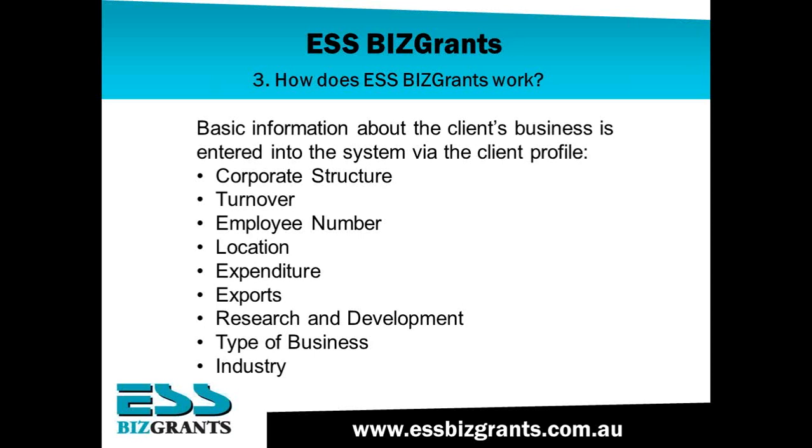So when you insert the information into the client profiles, we're going to be looking for the key information that government departments require when they're assessing eligibility for grants. This can include corporate structure. It's very important.